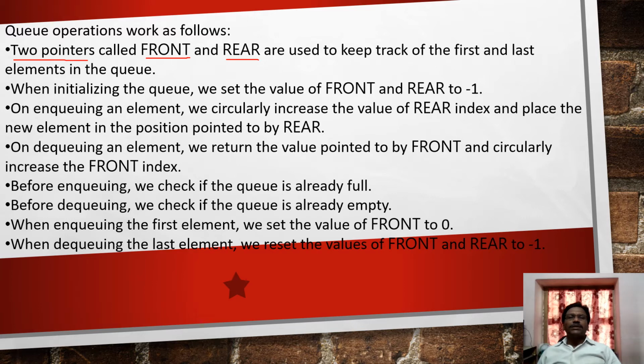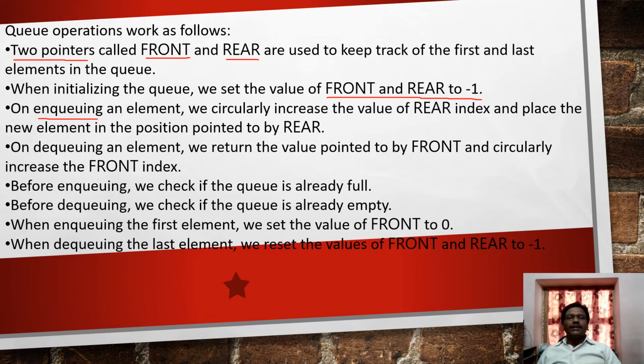Front represents the start of the queue, rear represents the end of the queue. When initializing the queue, we set the values of front and rear to -1. The same as a normal queue, initially front and rear are -1. In the same way, the circular queue has the same position.